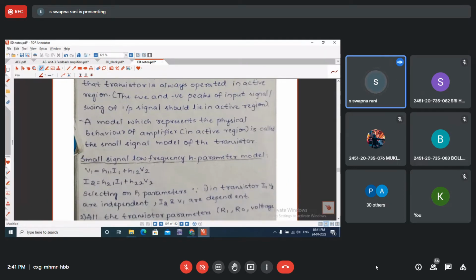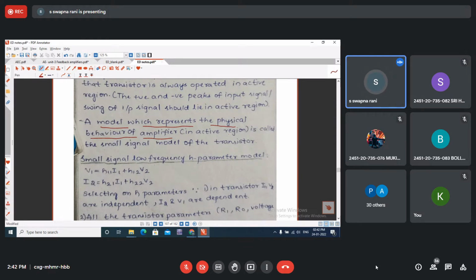Okay. Now, a model which represents the physical behavior of the amplifier in the active region. So we are concerned only with the small signal amplifiers in the fourth unit. The small signal implies that the transistor remains in the active region.